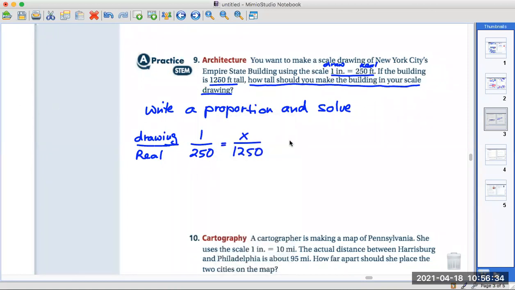So cross product. You always cross multiply to solve these. And that means you multiply this times that and this times that. So 1 times 1,250 is 1,250. Then comes the equal sign. 250 times x is 250x. Very simple.